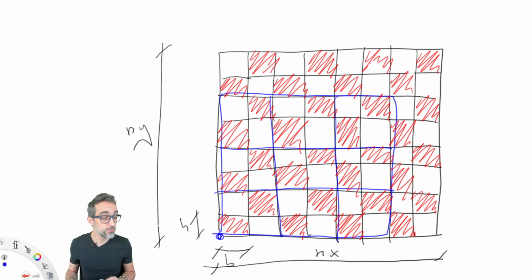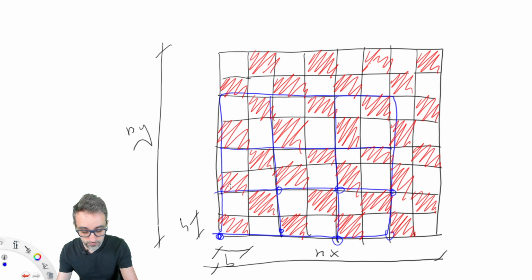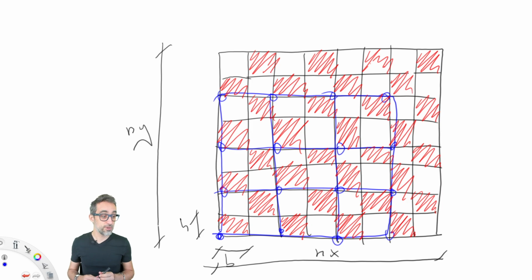And then take each one of the corners of that grid and use it as the base for drawing a rectangle. Okay? So let me try doing that.